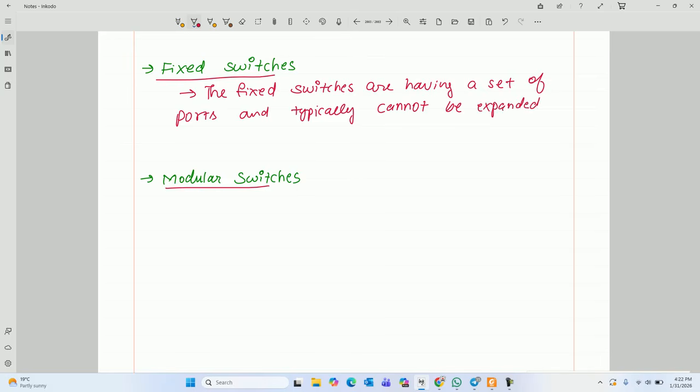So like all of you guys said, that's true. The fixed switches have a set of ports and typically cannot be extended.